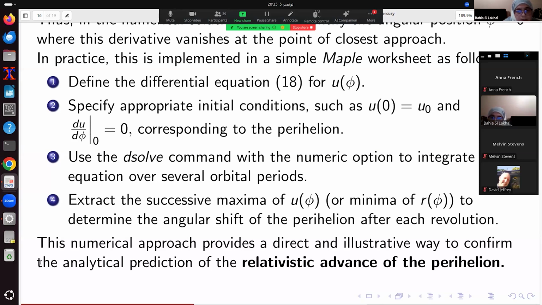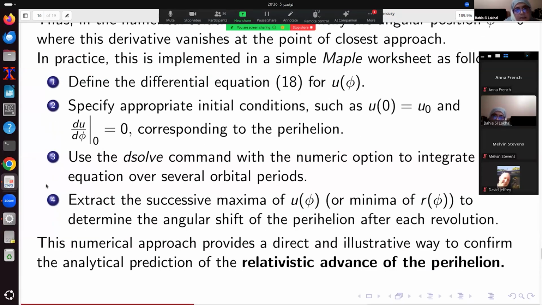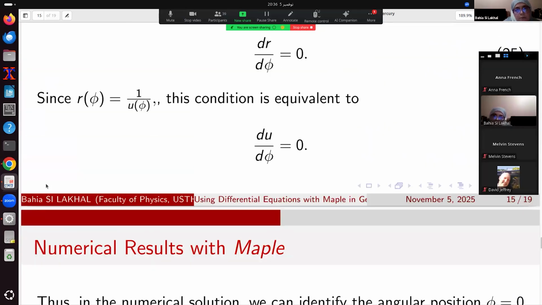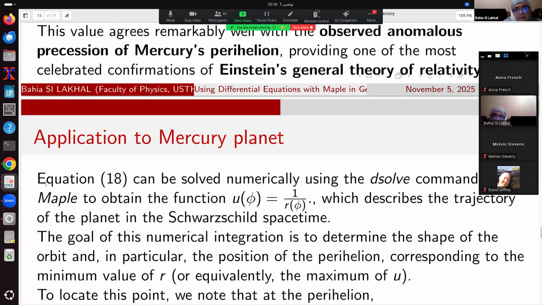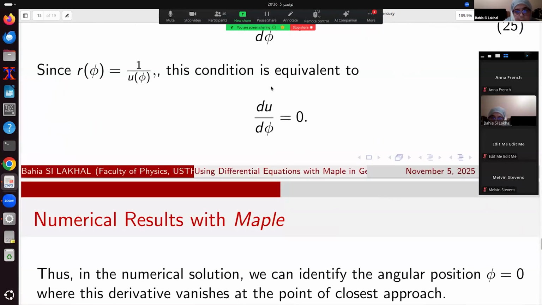Then I extracted the successive maxima of u of phi or minima of r of phi to determine the angular shift of the perihelion. Okay, so as I showed you, the delta phi found is approximately equal to the value delta phi 43 arc seconds per century.